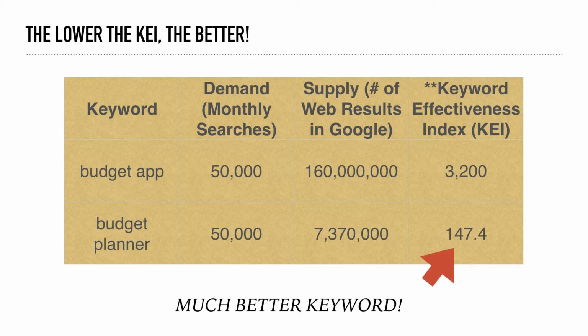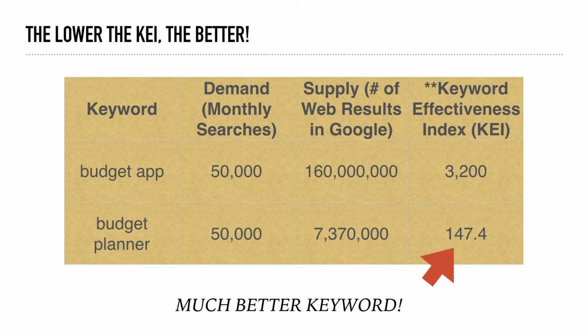This means that between the two keywords, although both have the same demand, it is so much better for us to choose budget planner as a keyword, since it has a lower KEI, meaning it has lower competition. It will be far easier for us to achieve high rankings in search engines with the budget planner keyword than the budget app keyword.